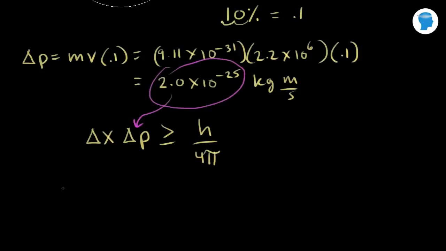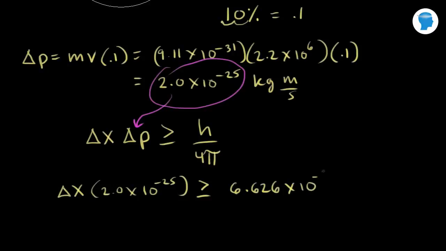Now we have the uncertainty in the position of the electron in the ground state of the hydrogen atom times 2.0 times 10 to the negative 25. This product must be greater than or equal to Planck's constant, which is 6.626 times 10 to the negative 34, divided by 4 pi.